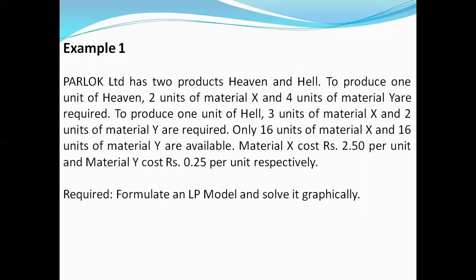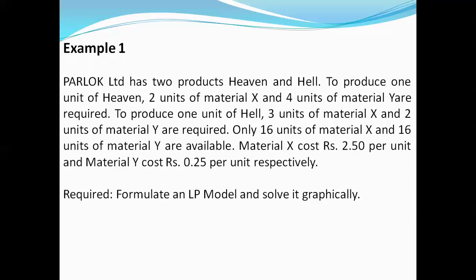We will move to the second category of Parlac, that is hell. To produce 1 unit of hell, 3 units of material X and 2 units of material Y are required. The same constraints are categorized here, but the heaven and hell are differentiated by the composition of X and Y materials.